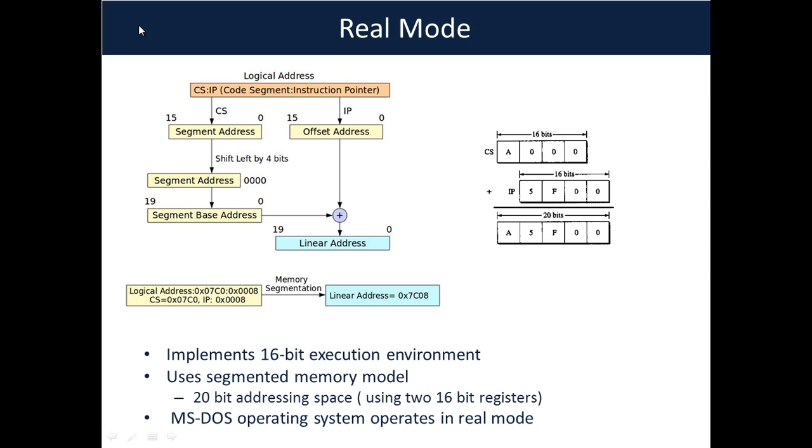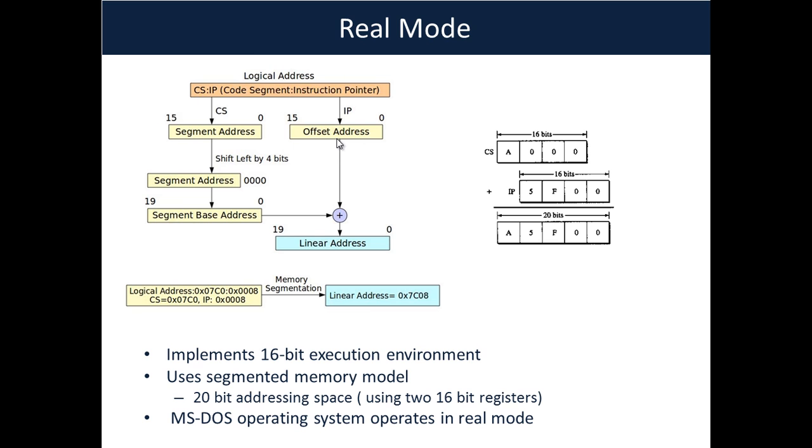Well, we do a little trick. Let's take an example. Let's say the 2 registers, CS, the code segment, as well as the IP register, contain 2 16-bit values using which you want to get to an actual linear address, right? The contents of the CS register go into what is called the segment address, and the contents of the IP register, or the instruction pointer, go into the offset address.